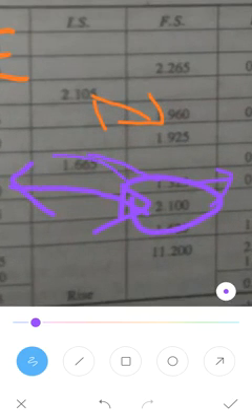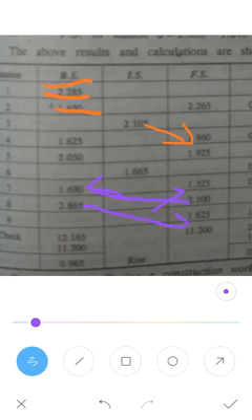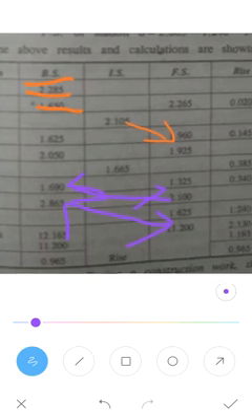After taking this, finally the last one, you will go to the back side and take this reading. Then you take the difference between these two: 2.865 minus 1.625. You will get a positive value, that is 1.240.